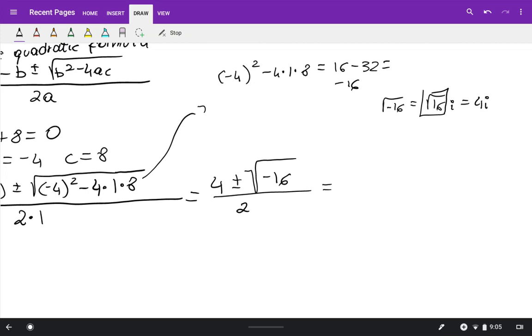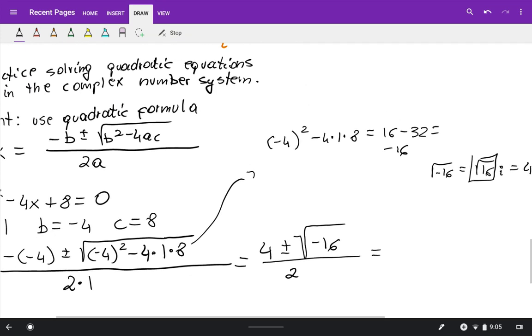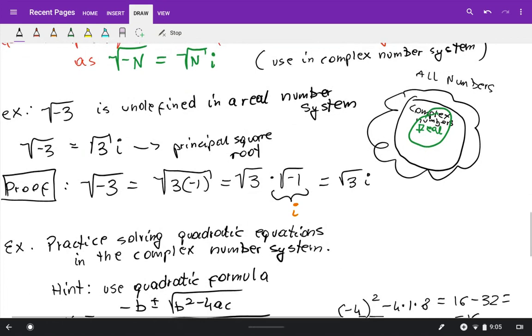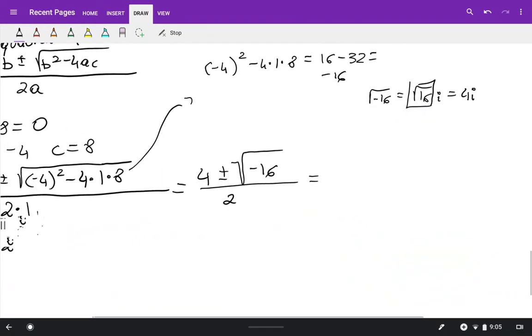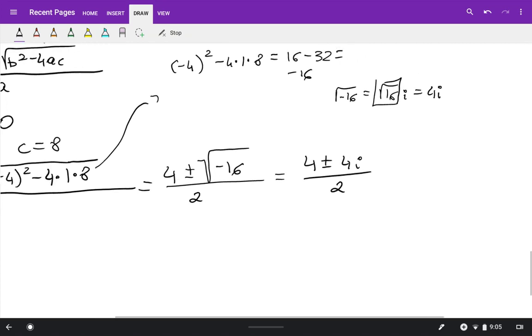So I used the definition of principal square root. When you have a negative number under the square root, keep only the positive number under the square root and i on the side. So we end up with 4 plus minus 4i divided by 2. Sometimes an answer like this is correct, but of course, you always have to simplify.